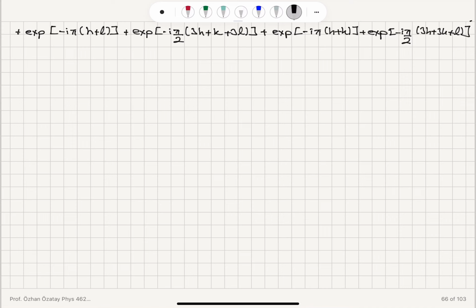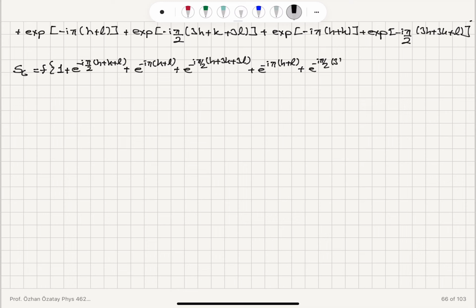So we can put this all together. For the geometrical structure factor, we have f times 1 plus e to the minus i pi over 2 h plus k plus l, plus e to the minus i pi k plus l, plus e to the minus i pi over 2 h plus 3k plus 3l, plus e to the minus i pi h plus l, plus e to the minus i pi over 2 3h plus k plus 3l, plus e to the minus i pi h plus k.